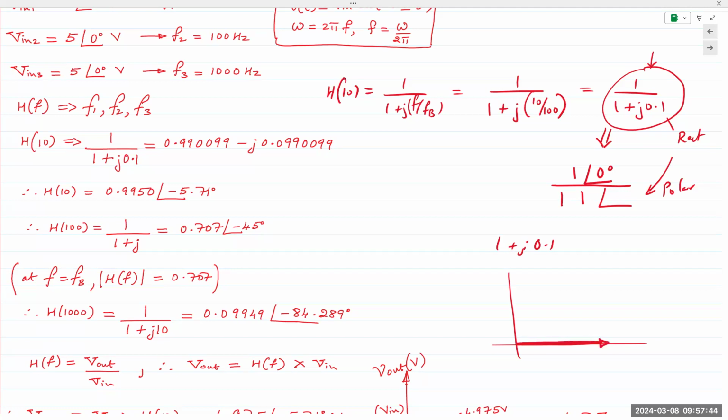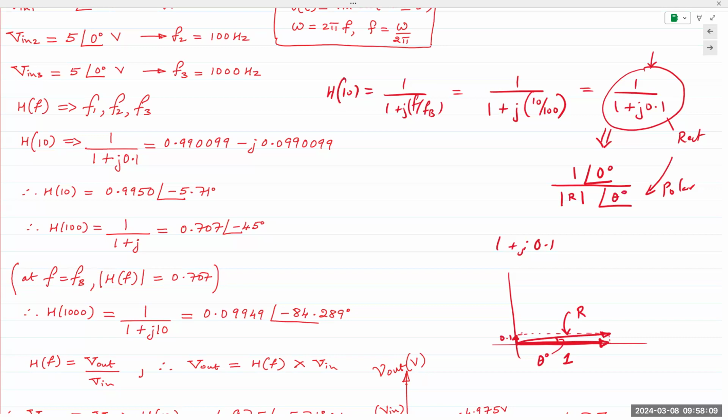So 1 would be here, and 0.1 would be somewhere here. The intersection of the two points gives me the polar coordinates. This would be the r, and this would be the phase angle theta. So I'd have magnitude r with phase angle theta right here.